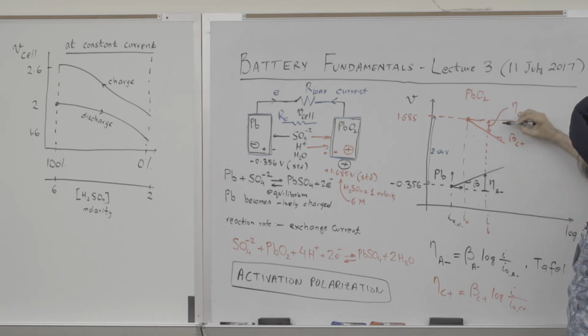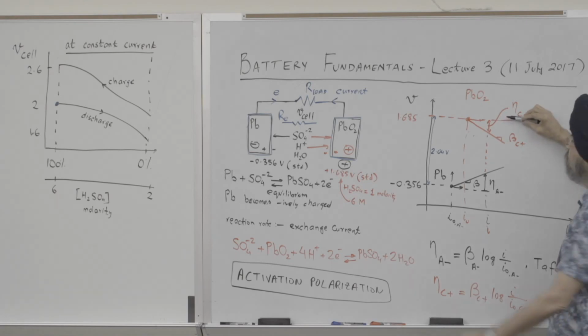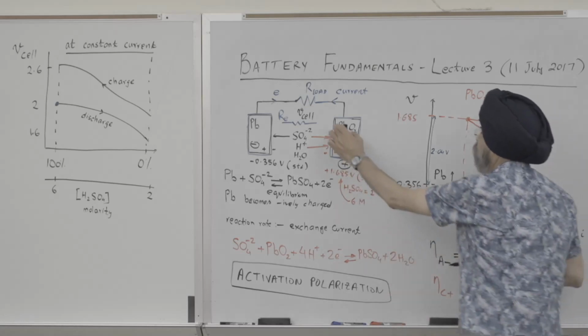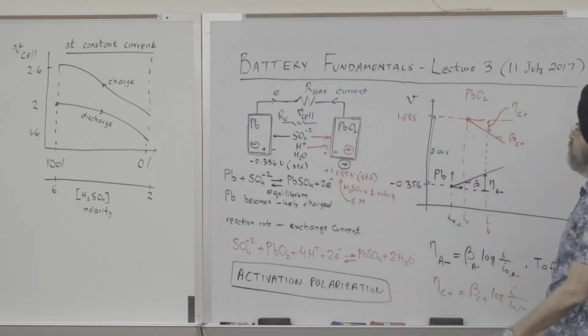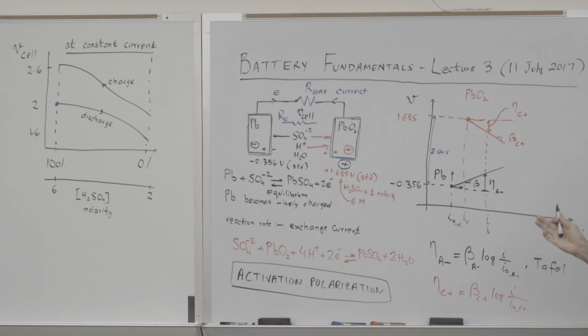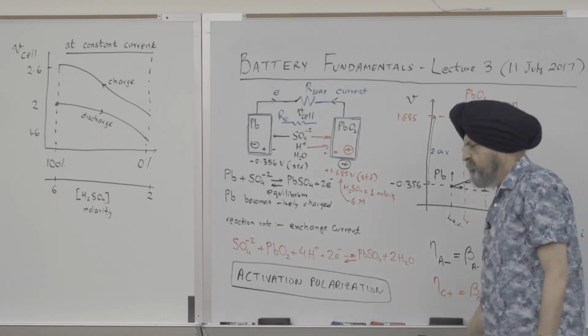Same thing with the lead oxide. This was the equilibrium condition open circuit voltage, but because of current flow, the voltage across the electrode changed. And the books on electrochemistry don't go into these details that I'm going through right now. So this is activation polarization.